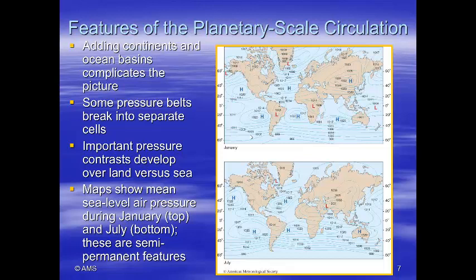So we call these semi-permanent features. So for instance, we have a high at 30 degrees north latitude. And that high shifts up and down a little bit between the summer and winter, but it's pretty much in that general area. So we call these semi-permanent features.